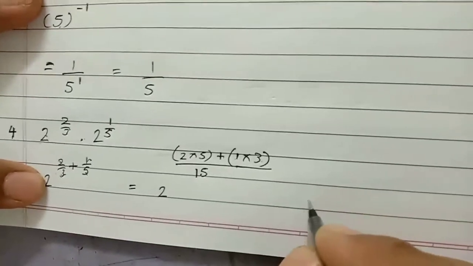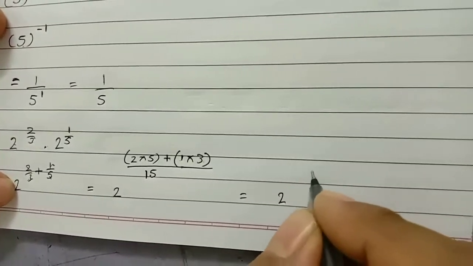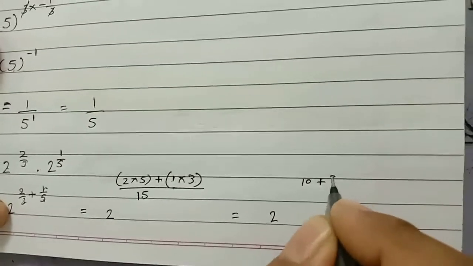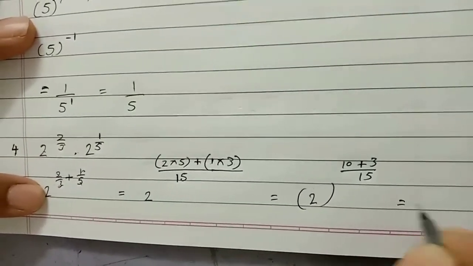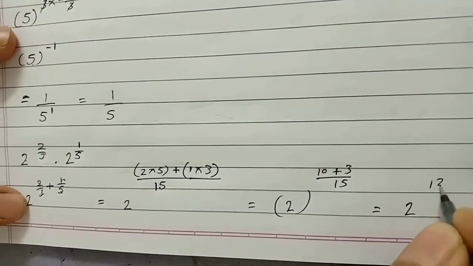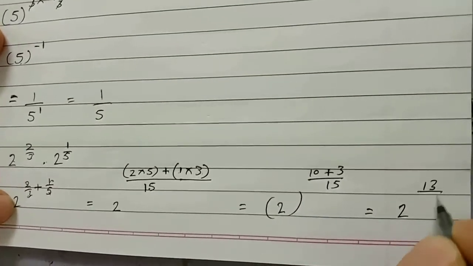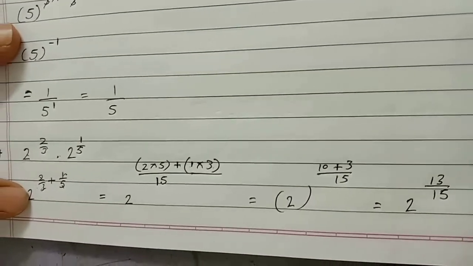So the answer of this will be 5 2s are 10 plus 3 1s are 3, by 15. So this will be 2 raised to 13 by 15.